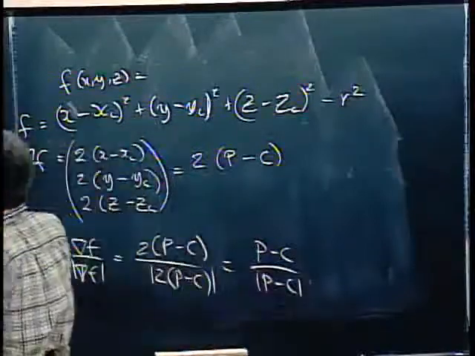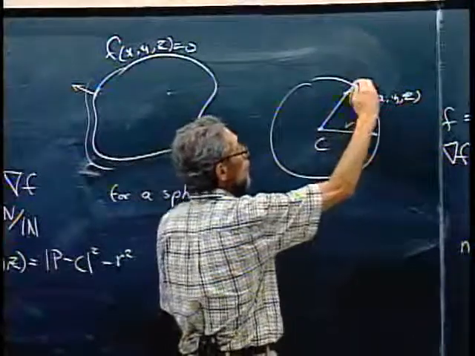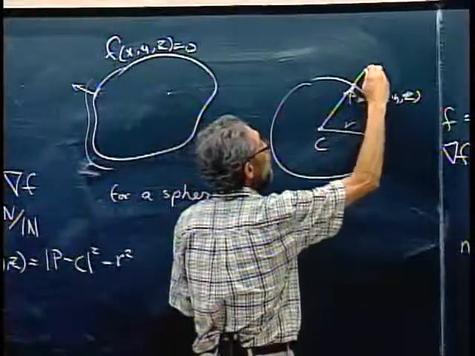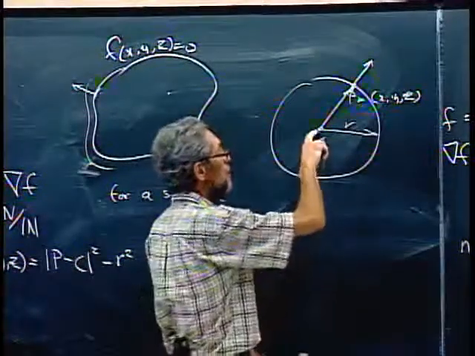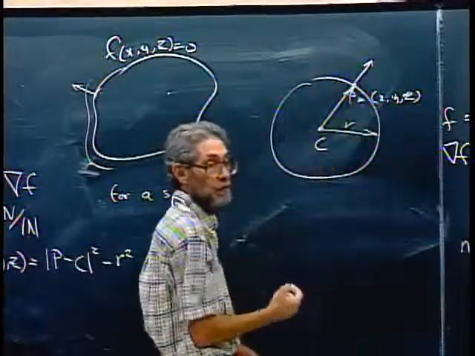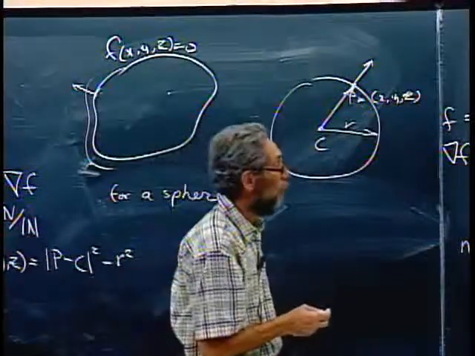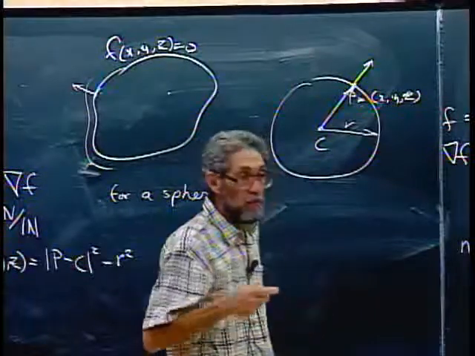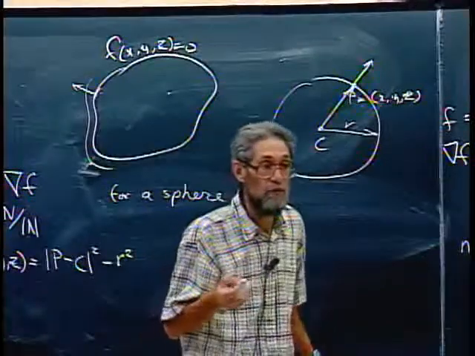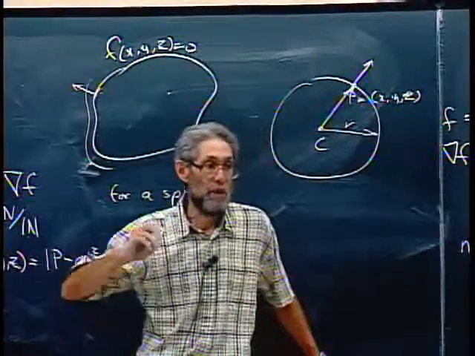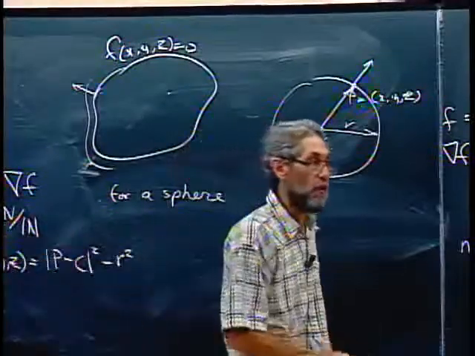So if I go back to this board, basically it says you look at this vector from the center of the sphere to the point, and you take the normal vector to go in the same direction, just making it a unit vector. Because this radius vector is perpendicular to the tangent plane at that point, that is the surface normal. So that's the normal that you can use when you're computing your reflecting rays for homework off of spheres. And if you have a triangle for an object made out of polygons, then the normal I showed you on the other board will work.